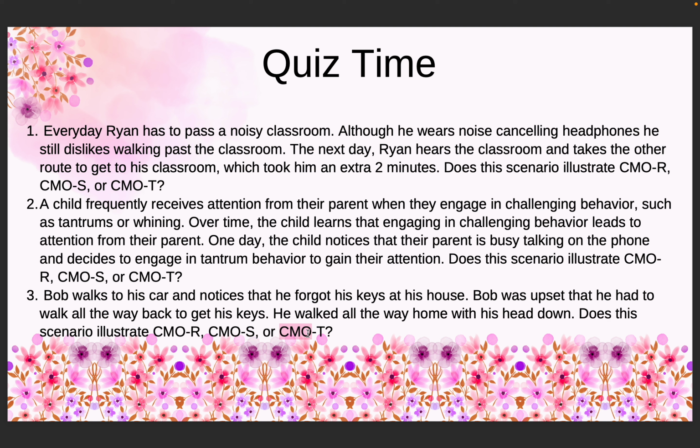No. Is there something that is needed in order for something else to happen? Yes. He needs his keys in order to get into his car. He also needs his keys to drive the car. So in this case, we have a case of CMO-T.